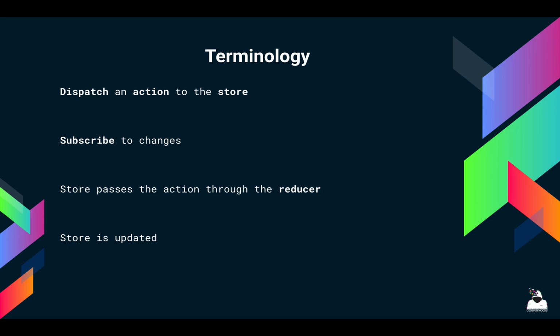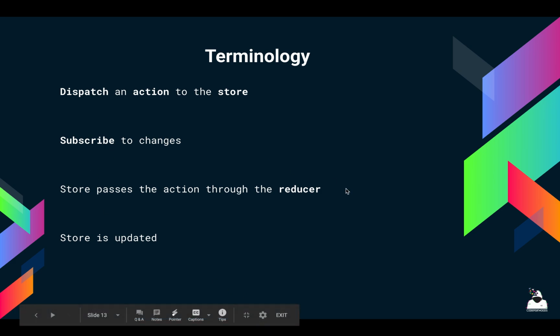We subscribe to changes in the state in the store. The store passes the action through the reducer, and then the store is updated, which triggers our subscription, and we update the user interface.